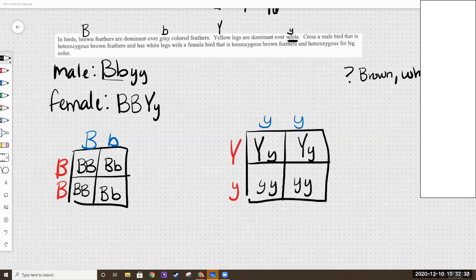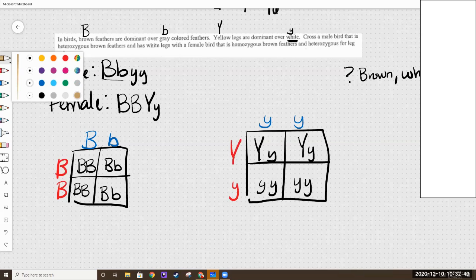Sienna. Yeah, 100% have the big. So now we want to know how many are going to have brown feathers. So the brown feathers, the way you can get it is if you have a capital. In the boxes, how many boxes are there at least one capital B? All 4, right?